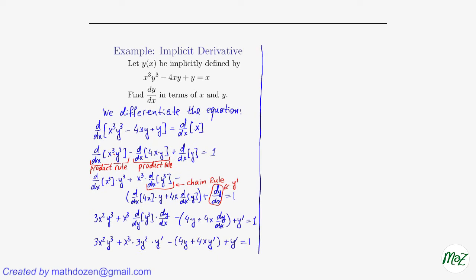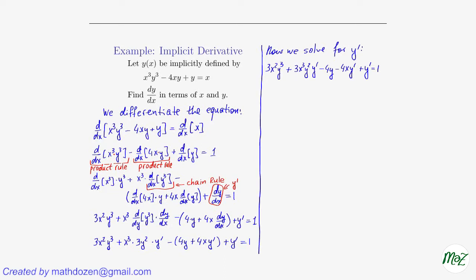So we get in this longish expression 3x squared y cubed plus x cubed times 3y squared times y prime minus parentheses 4y plus 4x y prime close parentheses plus y prime equals 1. Now that we're done with differentiating the equation, we solve for y prime.